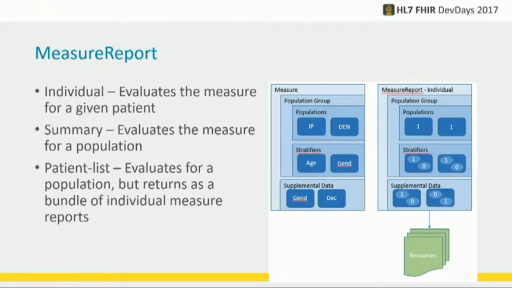And then the patient list actually gives you the measure report for every individual in the population. Roughly, if you're familiar with the current quality reporting data architecture, or document architecture, sorry, this is modeled on those Category 1 and Category 3 reports.